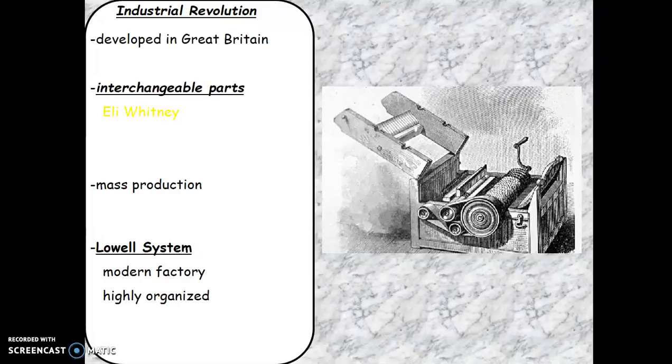The Industrial Revolution begins in Great Britain and then starts to trickle our way into America. What we're talking about here now is the start of the first factory system. Instead of a one-man shop in somebody's basement, you're now looking at a huge factory with 100 to 200 workers doing very specific jobs.